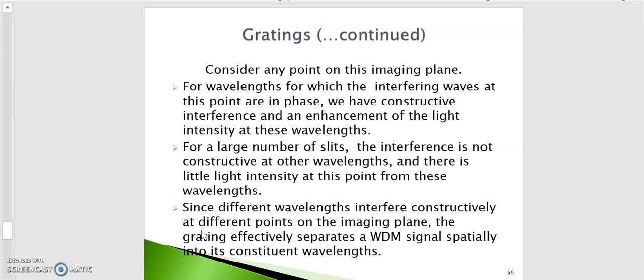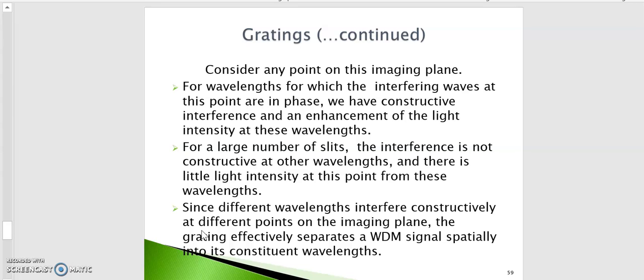When the interfering waves at a particular point are in phase, constructive interference occurs and the light intensity for those wavelengths is enhanced. Suppose lambda 1 signals from all slits are coming out and interfering at a particular point in the imaging plane, and they are in phase. Then constructive interference will occur and the intensity for that particular lambda 1 value will be high.